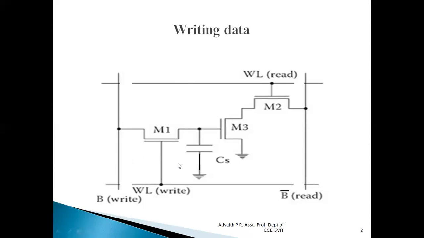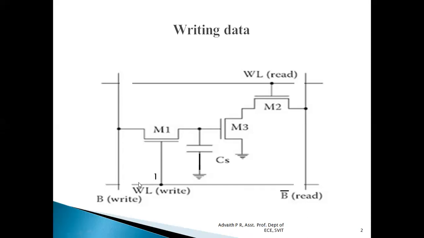If we want to store logic level 0, we will be passing logic level low. So whatever data has to be written will be placed in this bit line. For example, if we want to write a logic level high, we will be pulling up this line with respect to VDD. VDD means logic level high.